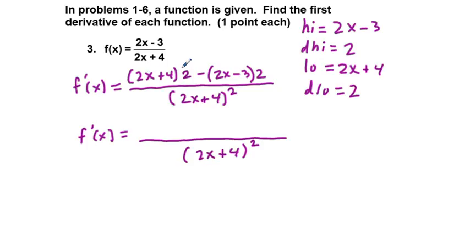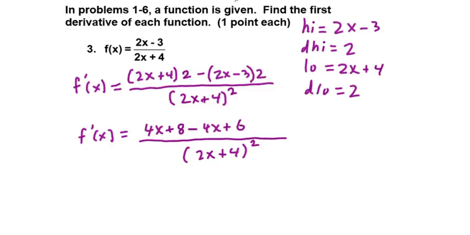Okay, so we have the first thing, we have 2x times 2, which is 4x, and then 4 times 2, which is 8, plus 8, and then we have minus 4x, because 2 times 2x, so minus 4x, and then we have, in this case, minus 6, because we have negative 3 times 2, which is negative 6, but we have a minus out front, so negative, negative, we're going to have plus 6.